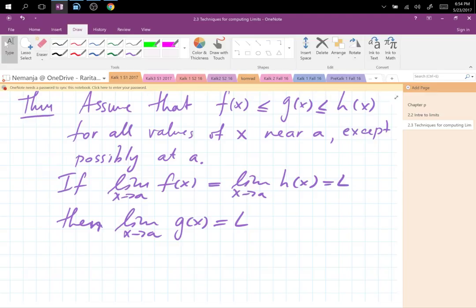So one piece of bread is f, and then you have the g, which is cheese, and then you have another piece on top, which is the h. You grab for f and h, g is squeezed in between. Wherever you bring the bread, the cheese goes with it. It's sandwiched, it's squeezed in between. What do I mean move it? This L is like a location, the answer. So if I move the sandwich here, that's where the L is, and the cheese is there as well. So it's on the same location.